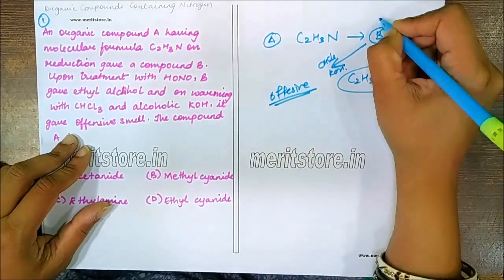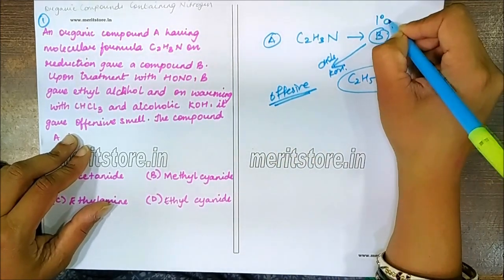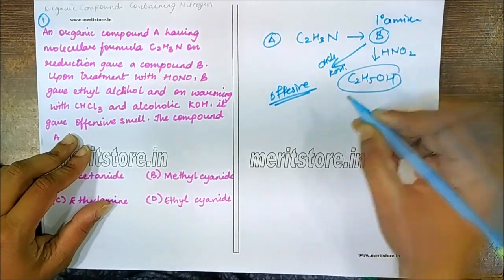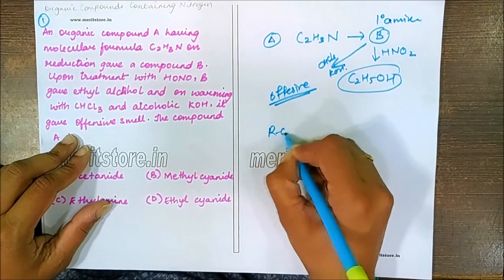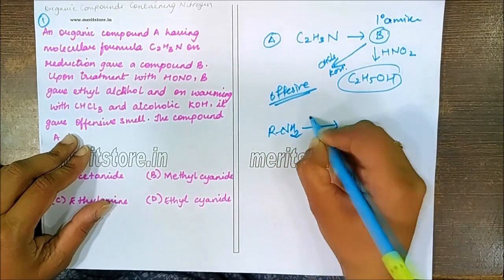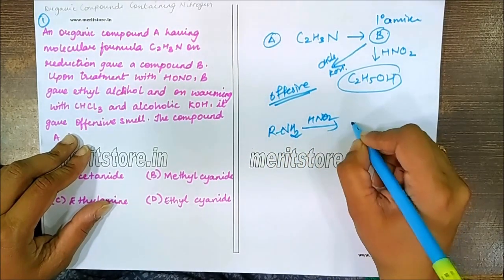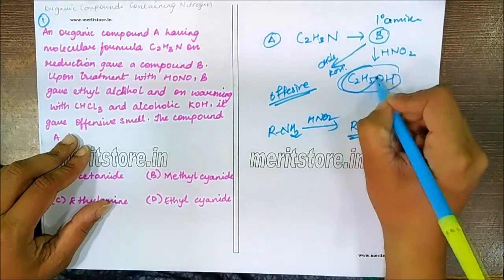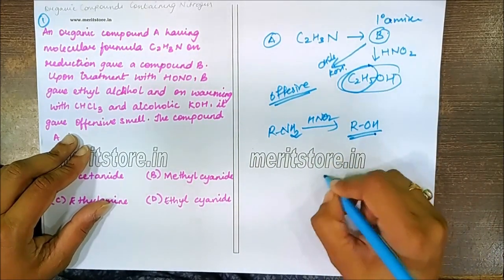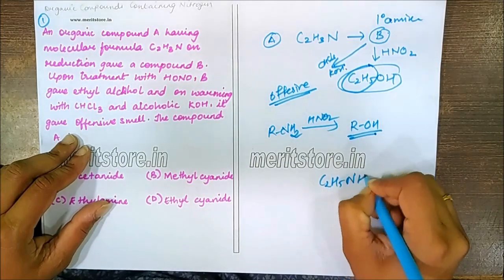So conformly the compound B has to be primary amine. This is because the primary amine, let's say if we have this RNH2, on treatment with nitrous acid definitely gives us the primary alcohol. So if we are getting ethyl alcohol, so the compound B has to be ethyl amine.